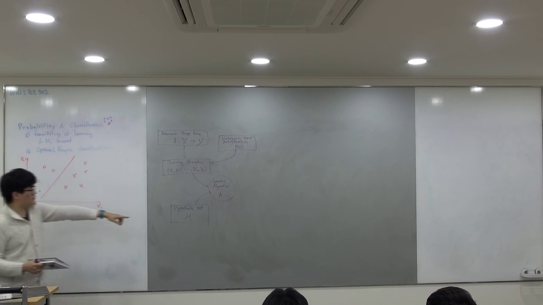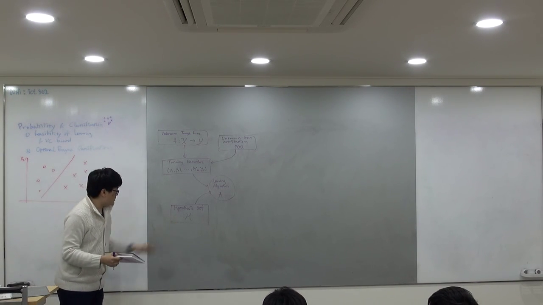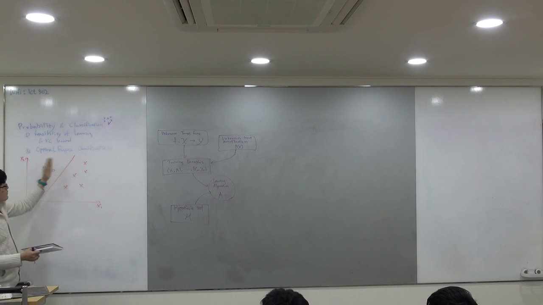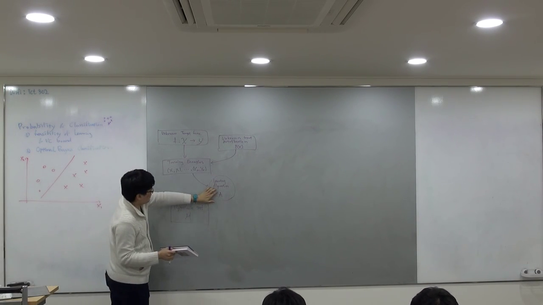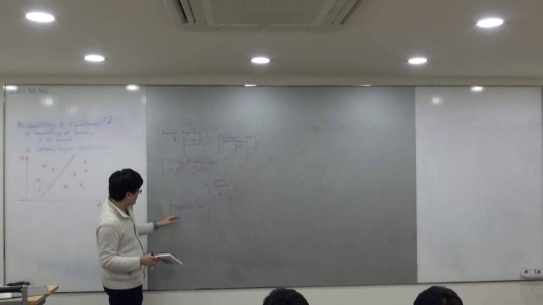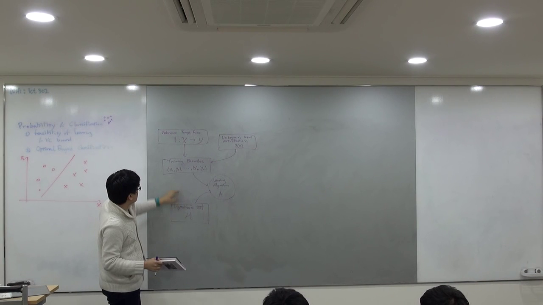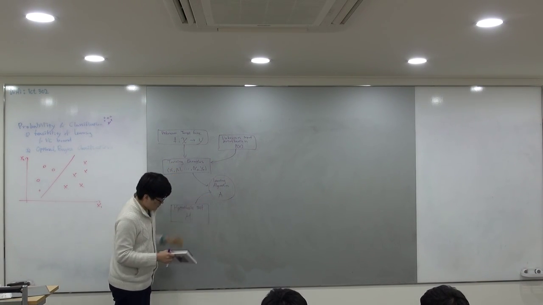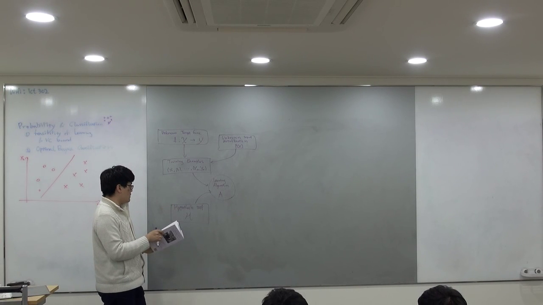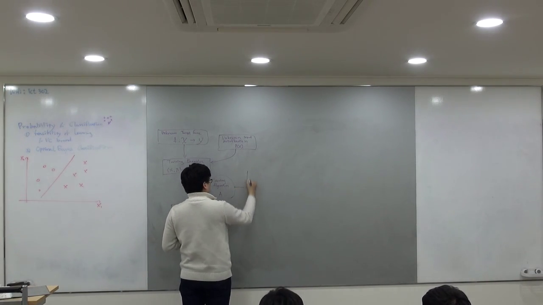That's the hypothesis set. So for this example, H is the set of different lines, and some kind of learning algorithm will find, among the hypothesis set, using the training examples, the best hypothesis. So this will give you the final hypothesis.